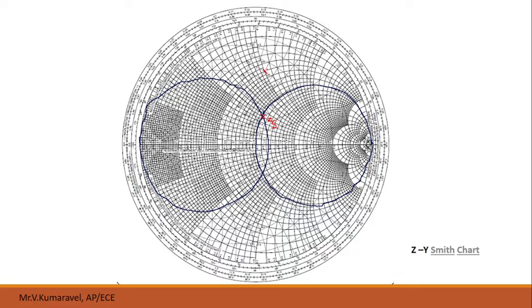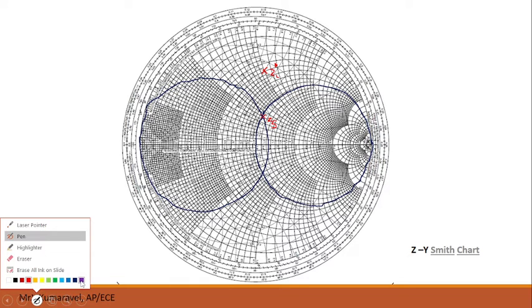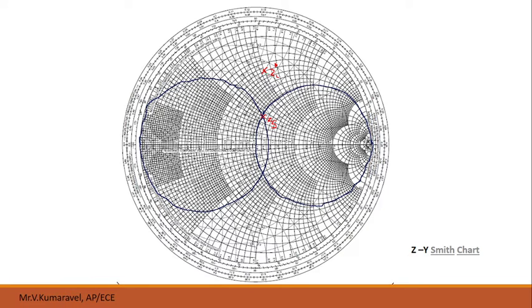So this is the point of the complex conjugate of load impedance, ZL conjugate. Now through this ZL conjugate, we need to draw the resistance as well as conductance circles. Let me use a different color for this. I need to draw the resistance circles, so draw it properly. Here I am using the mouse to draw it properly.